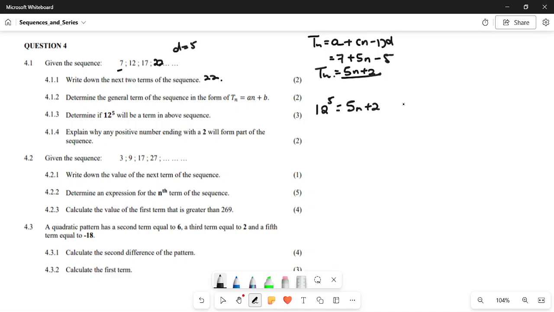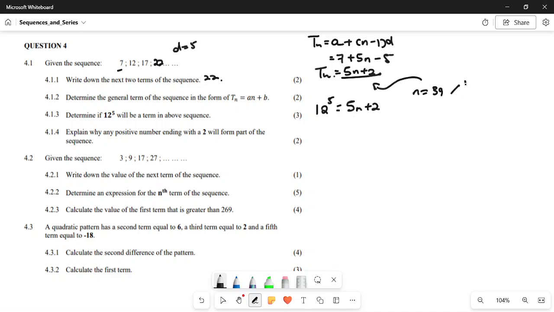If we get a whole number, let's say n equals 39, and we substitute 39 here and get a value equivalent to this, that means that value is part of our sequence.